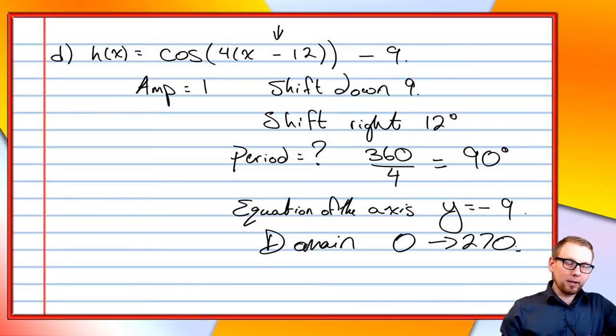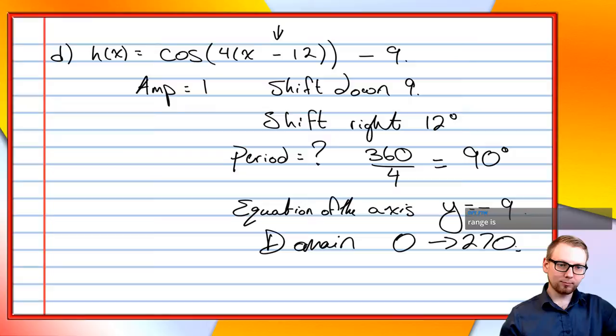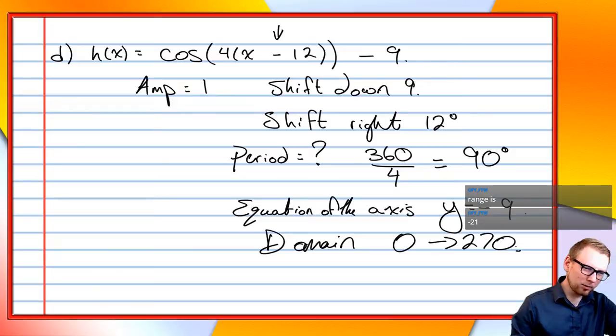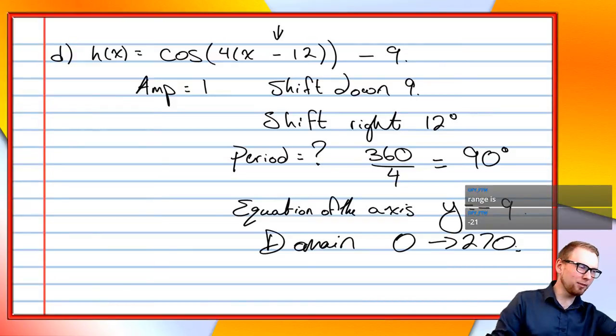And then what's the range? Where are you getting 21 from?